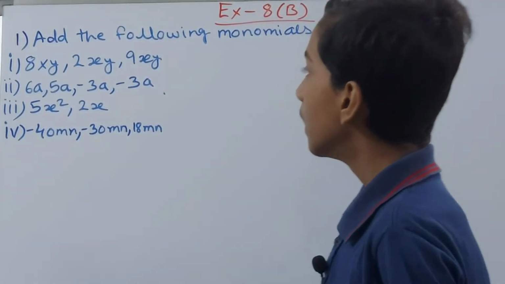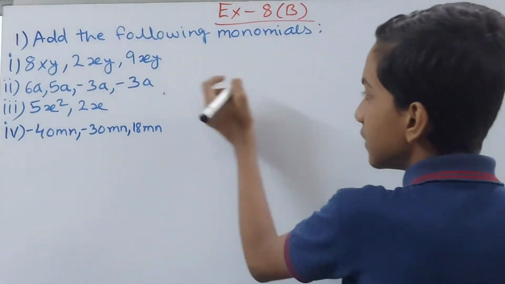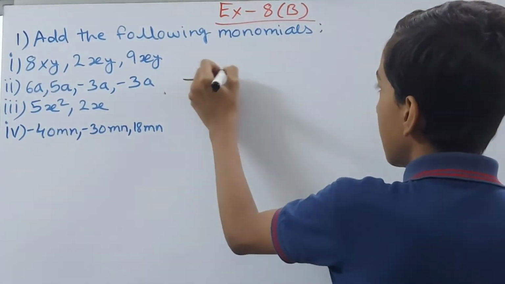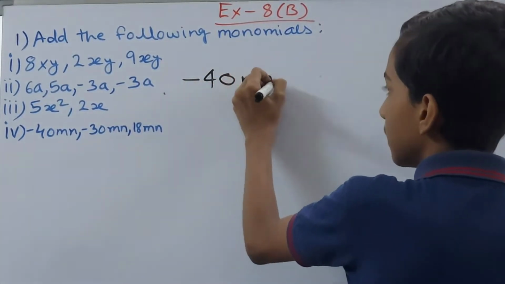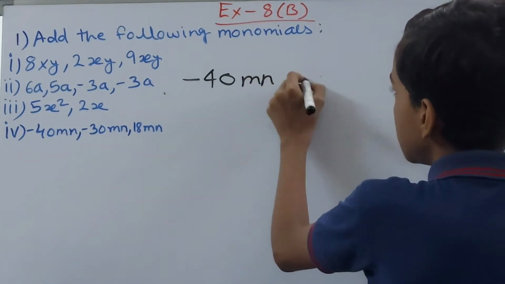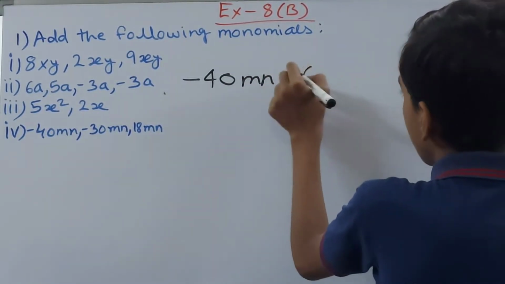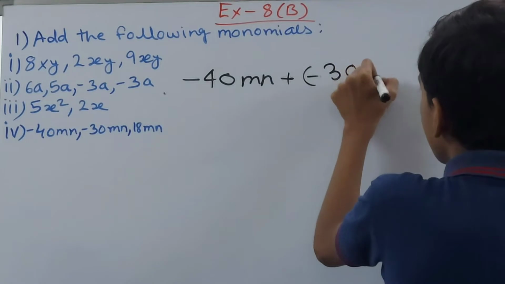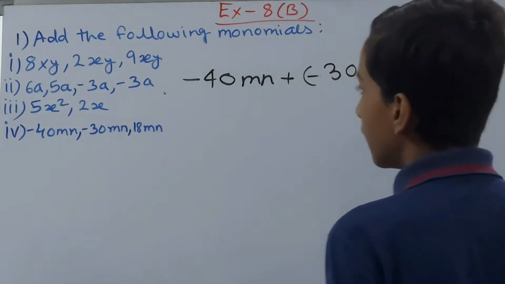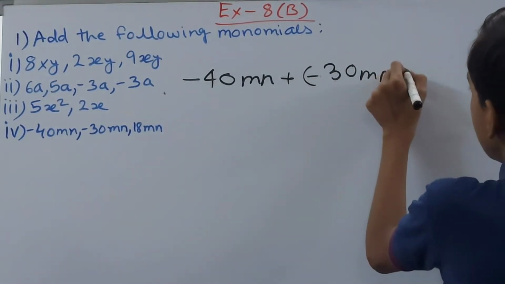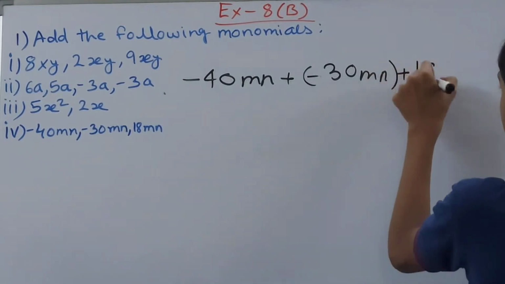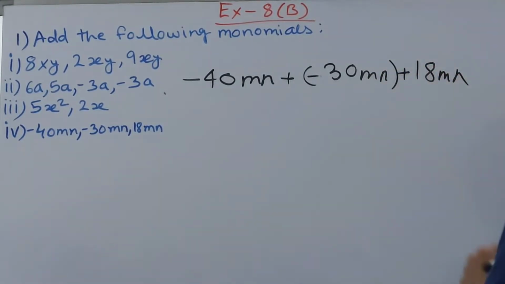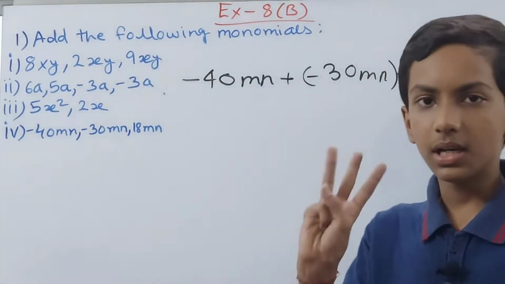Let us move on to the next part. Next one is minus 40mn, plus, in brackets, minus 30mn, and then we have plus 18mn. All the three terms are like terms here.